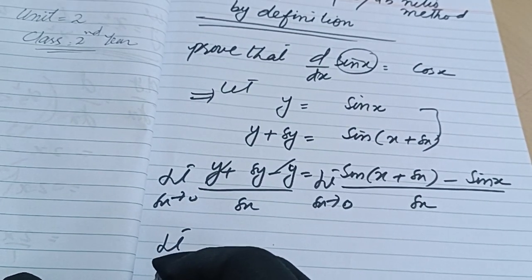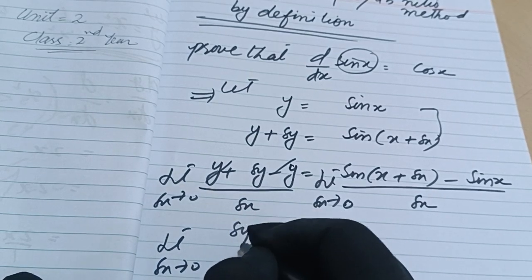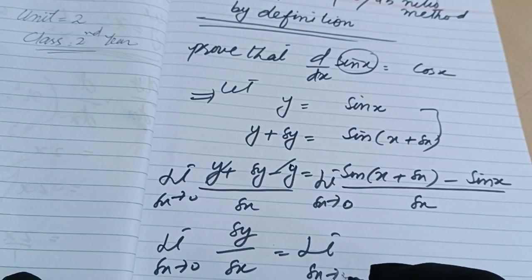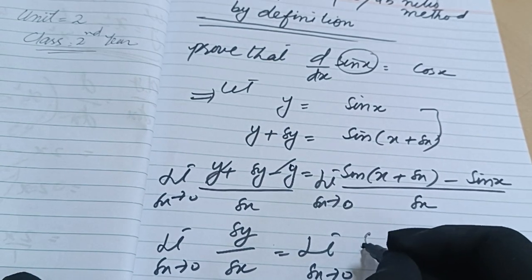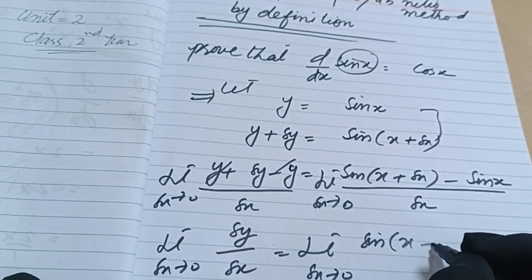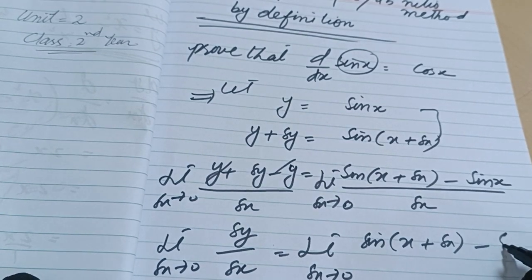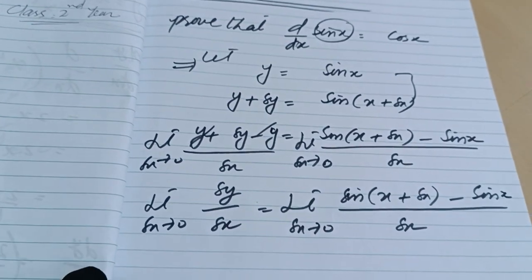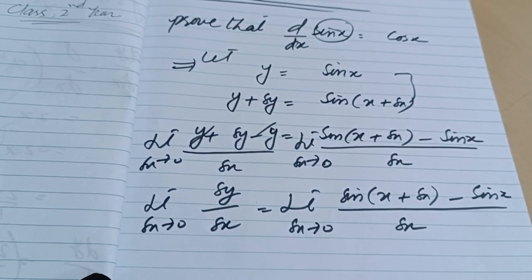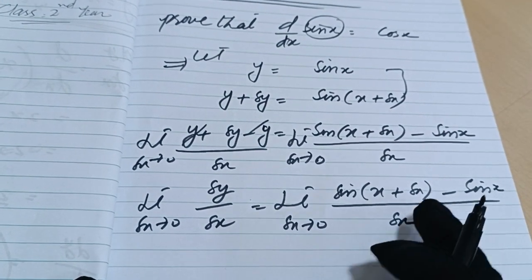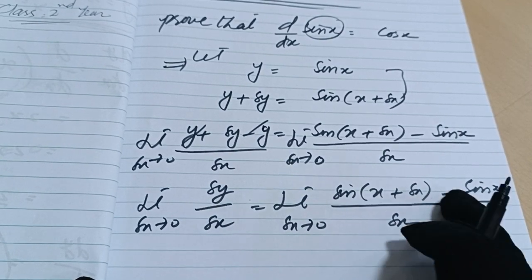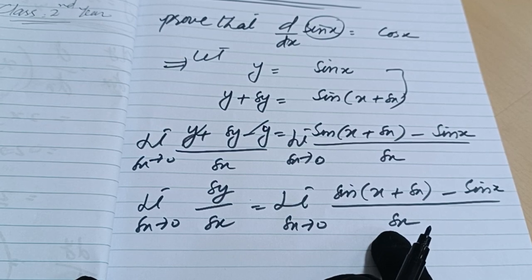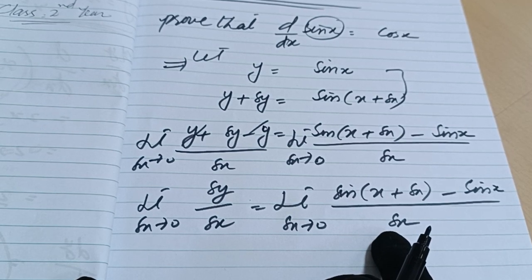So limit delta x approaches 0 of delta y by delta x is limit delta x approaches 0 of sine of x plus delta x minus sine of x over delta x. If we apply the limit over here, this becomes sine x minus sine x, which is 0 by 0 form, which we have to avoid.